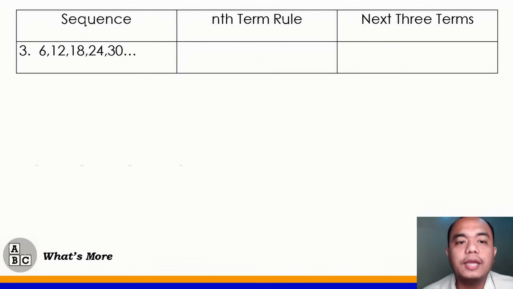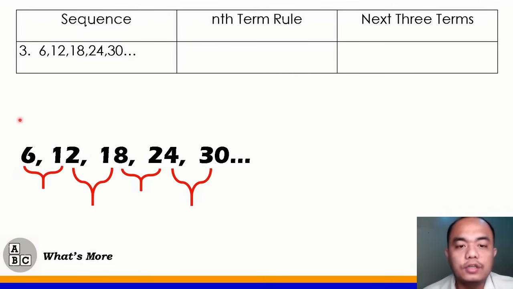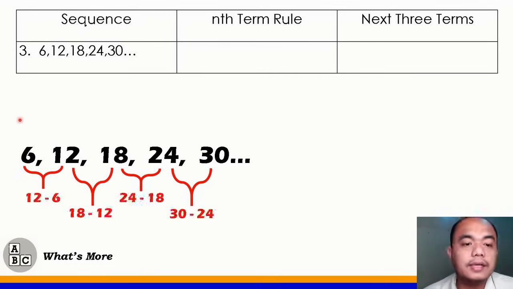Let's have number 3. We have the sequence 6, 12, 18, 24, and 30. So we will now find the n term rule for this sequence. So as you notice, we will work backward. 12 minus 6, 18 minus 12, 24 minus 18, and 30 minus 24.